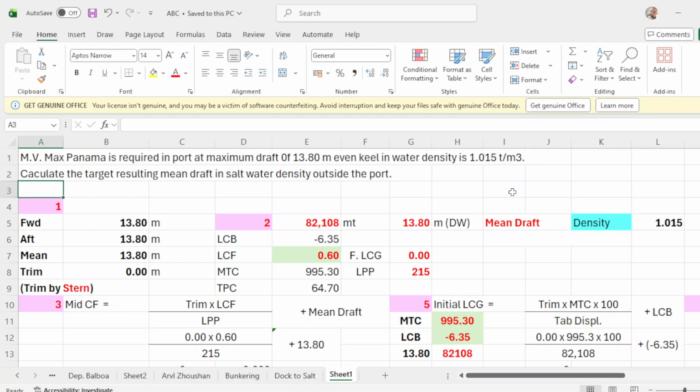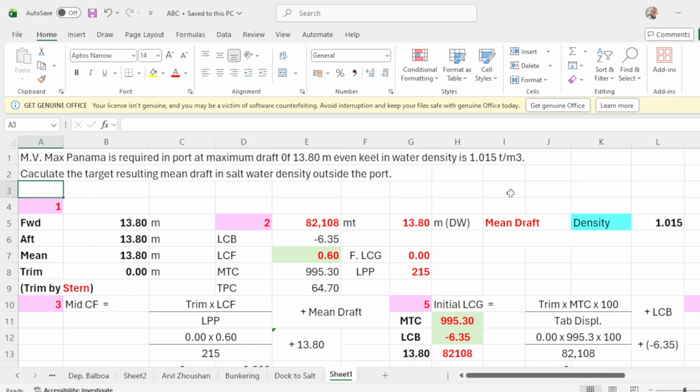Now calculate the target resulting mean draft in saltwater density outside the port, meaning what will be his draft when he is still in the water in a saltwater density of 1.025. Okay, so meaning he's still outside or away from the berth or in the open sea.